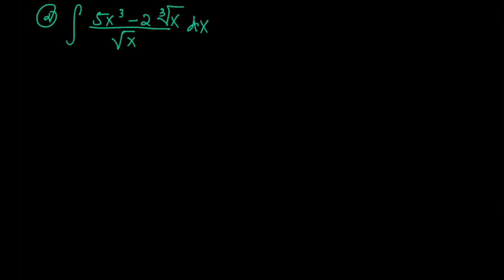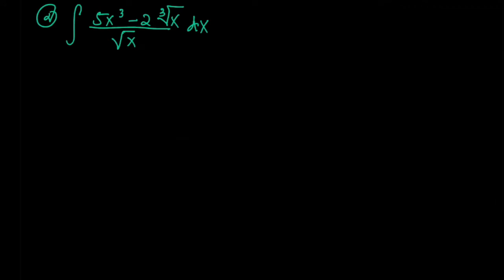For this second problem, we must remember that when we are dealing with integrals, before we integrate, the integrand, or the function inside the integral, must be simplified. So in this case, to simplify, we can divide first. The denominator is square root of x.